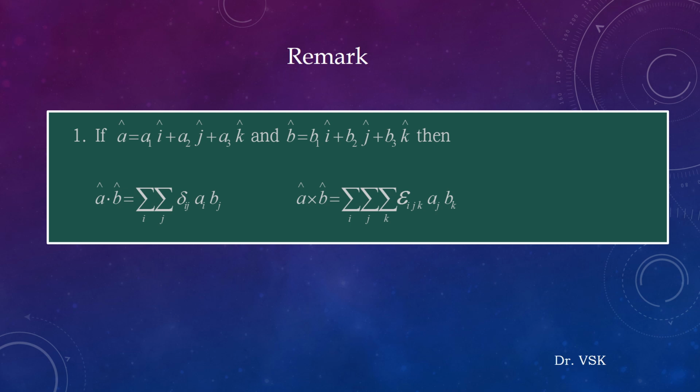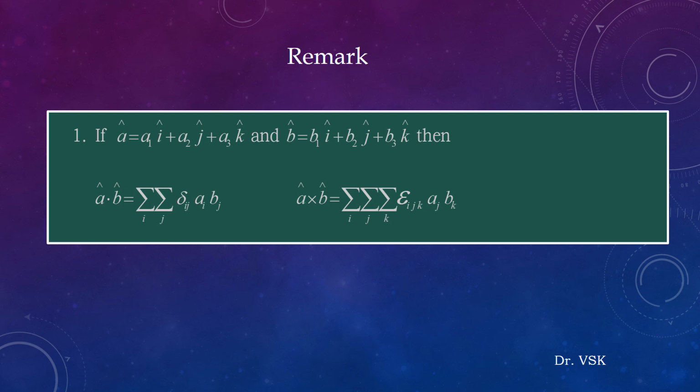We get the same effect by using the Kronecker delta representation. A cap dot b cap equals sigma over i, sigma over j, delta sub ij, a sub i, b sub j.